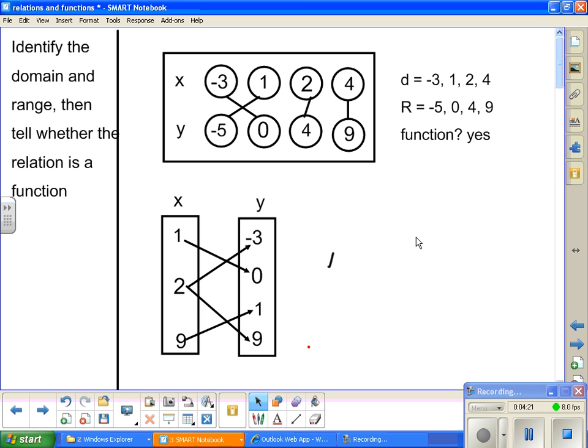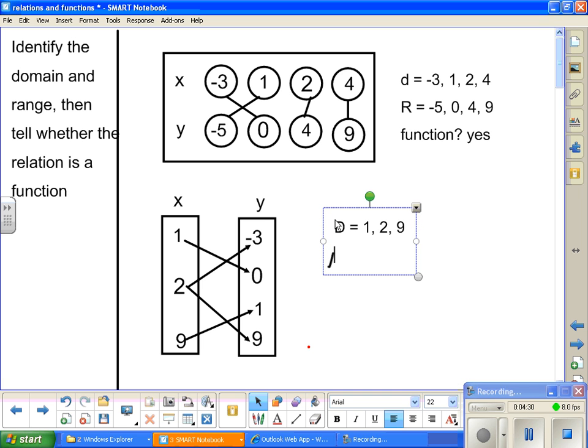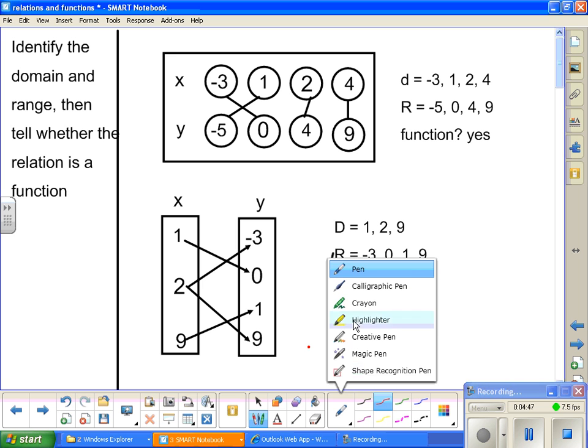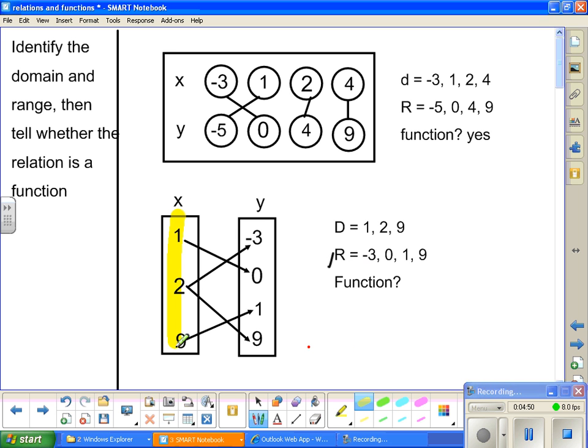So down the second one, your domain is going to be 1, 2, 9, and your range is going to be -3, 0, 1, 9. And then we want to know, is it a function? So what we want to do here again is look at each X value, since it's in a mapping, and see that there's only one arrow coming out of it.